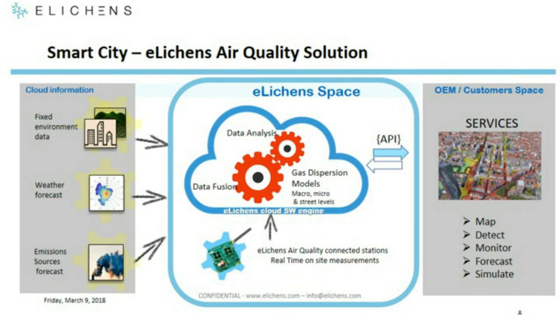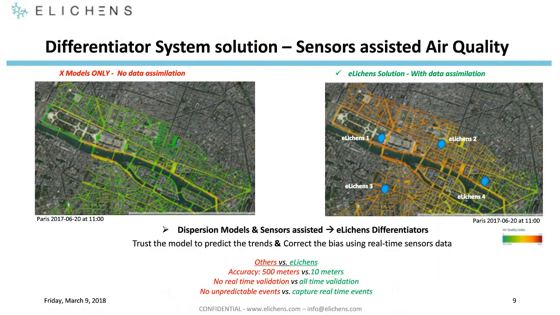What is our differentiator in this? There are a lot of cloud models, and one may ask why a hardware-assisted model. What you see here on the left-hand side is no data assimilation, meaning only cloud models available and no hardware-assisted data assimilation. On the right-hand side, you see where the eLikens station is installed in the city, and it gives you the live data that is captured.